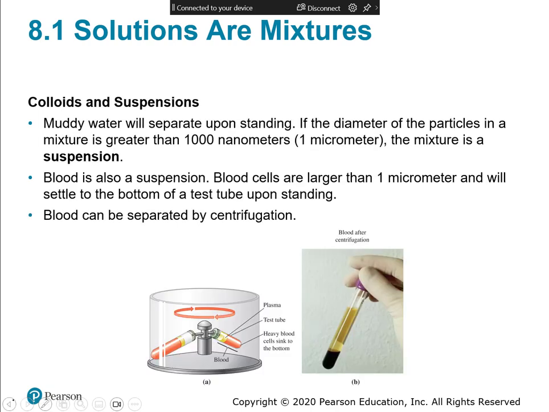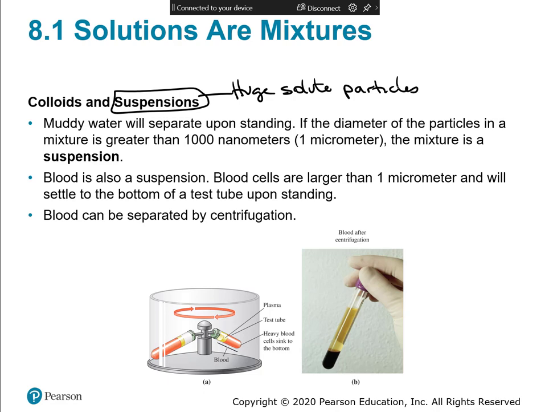Now a suspension is where the particles are even bigger. These really have huge solute particles. And typically with a suspension, the particles do not have the same intermolecular force as the solvent does.